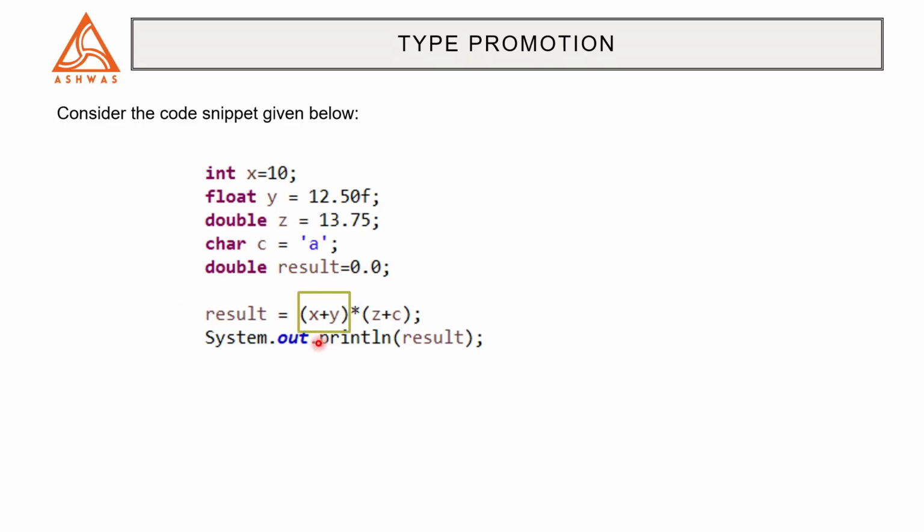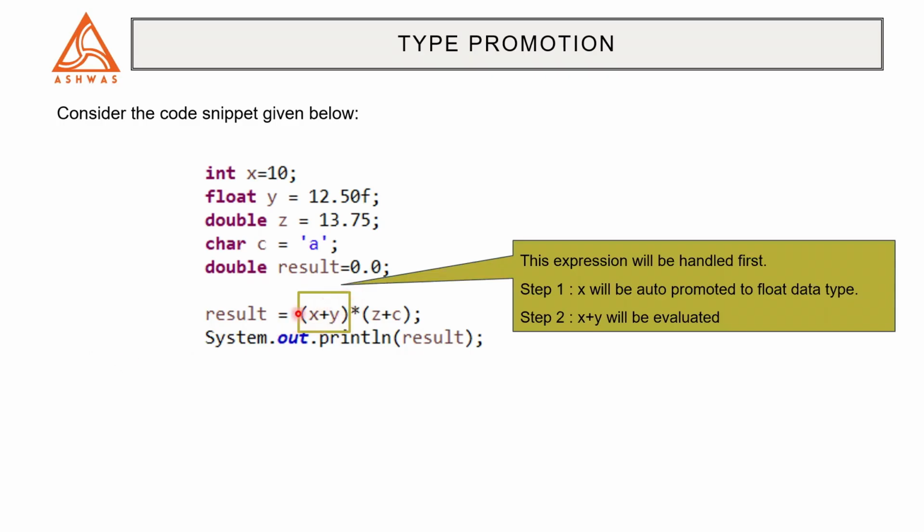I am carrying out a code statement here which has multiple parts, and every part is separated by a set of parentheses. The very first thing that will be evaluated will be this parenthesis, using the BODMAS rule, of course.